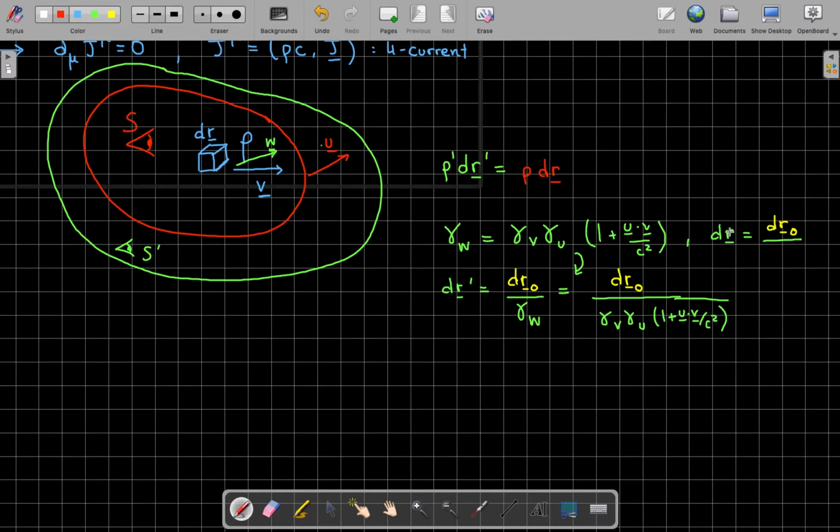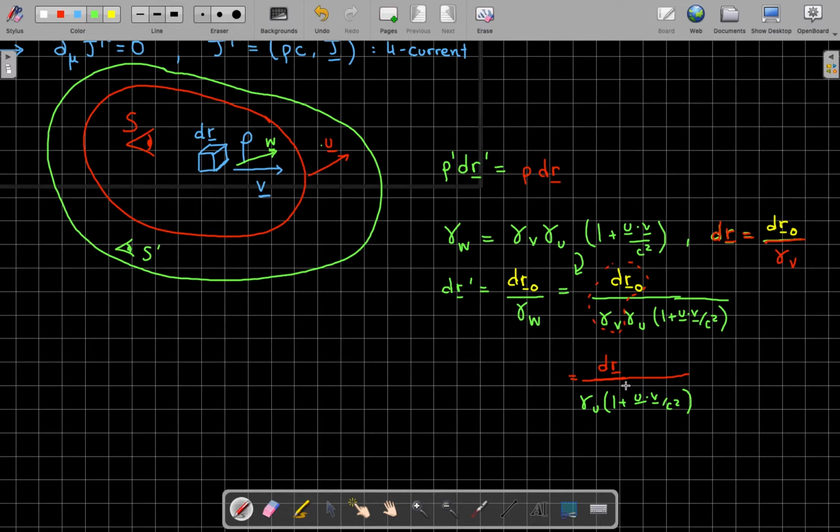So dr is equal to dr 0 divided by gamma v. But I've got that right here. So I can write this as dr divided by gamma u times 1 plus u dot v over c squared. So this gives me a relation between the volume of this box relative to S prime and S, okay?